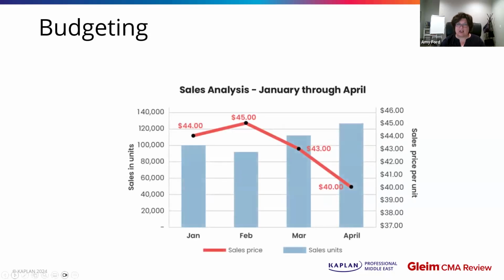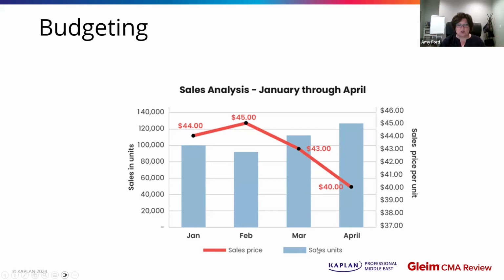So on this next slide, I want to show you what's called a dual axis, meaning there's two axes. It's the same bar chart that we had previously, but now on the right-hand side, we've added the sales price per unit. And notice down here, we have our legend or our key, depending on the term you want to use.